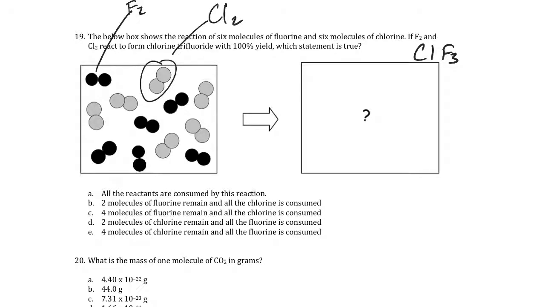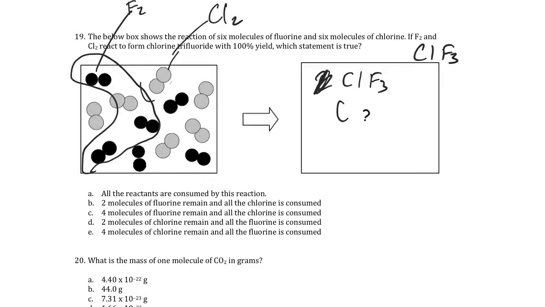So we're going to need more of the F2 spheres. So we're going to need to take, say, let's do these 3 here together. And let me uncircle this one here. So we don't need that one circled yet. Okay, so we need, if we're going to make 2 ClF3s, so let's do ClF3, ClF3. We need one of the Cls, so that's the gray sphere, and we need the fluorine atoms, 6 of them, to make 2 ClF3s.